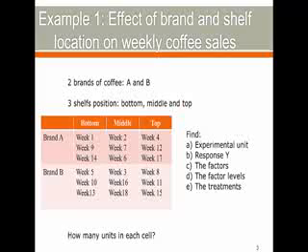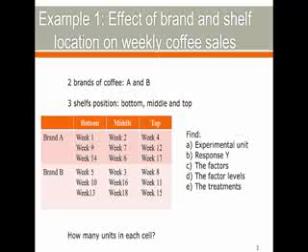What are the factors that we are considering in this experiment? There are 2 factors, the brand of coffee and the 3 positions. What are the factor levels? Factor brand of coffee has two levels, brand A and brand B. And the other factor, which is the position, has three levels, bottom, middle, and top.